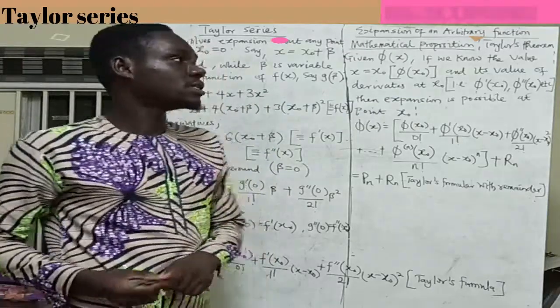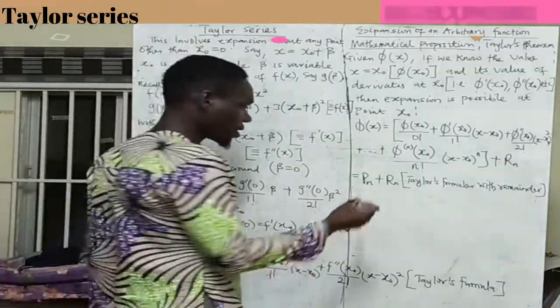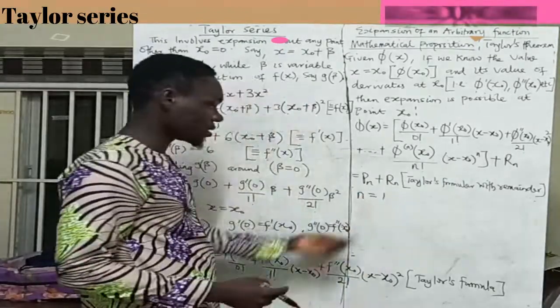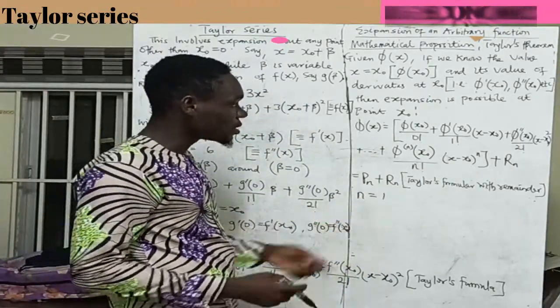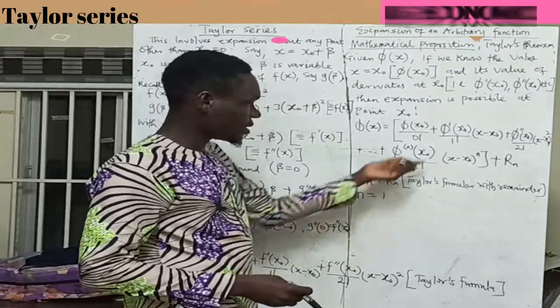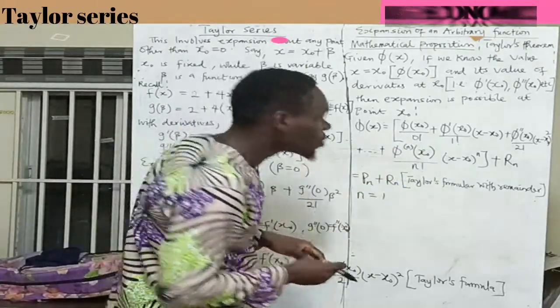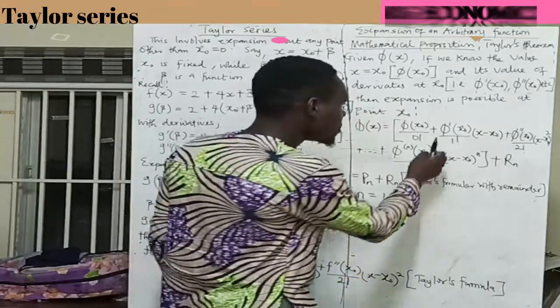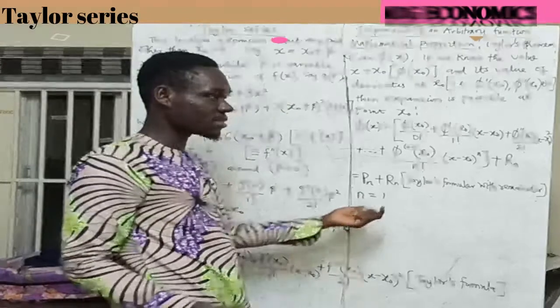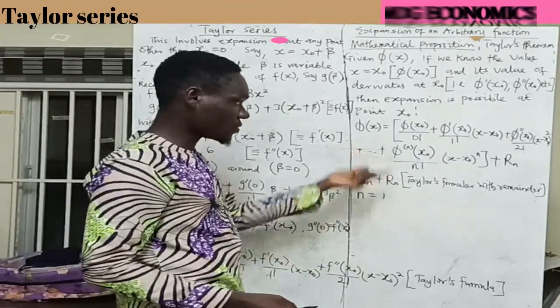So in a situation whereby, let's now assume the value for our n is 1, for instance. If you substitute the value of n here, what do we have? The value of n here will mean we are looking at the first order of this Taylor series.